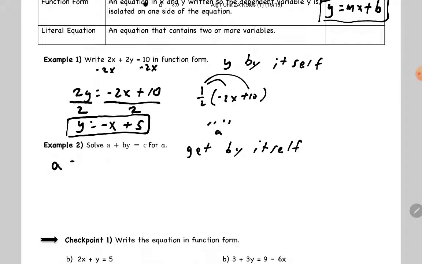So a is pretty much by itself almost. I just have to, it's being added to by, so I'm going to subtract by. And once I do it to one side, I must do it to the other. So a equals c minus by. That's it. a is by itself. That's the goal.